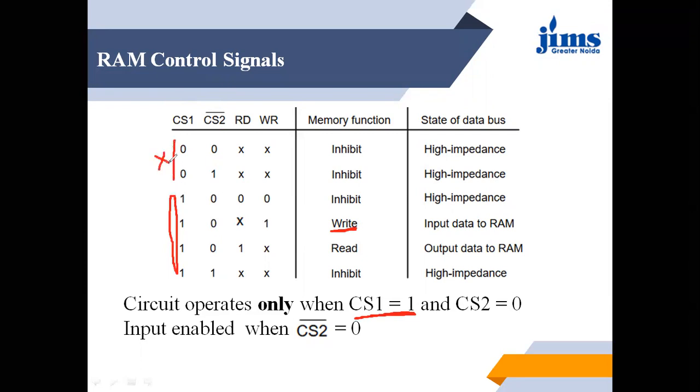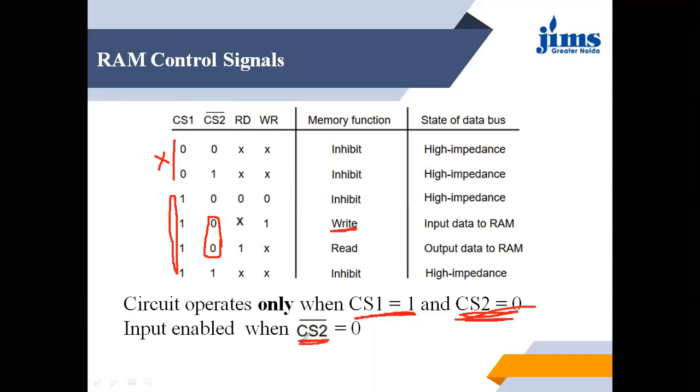This is decided from CS1. And then CS2 should be 1, but we are using CS2 bar.